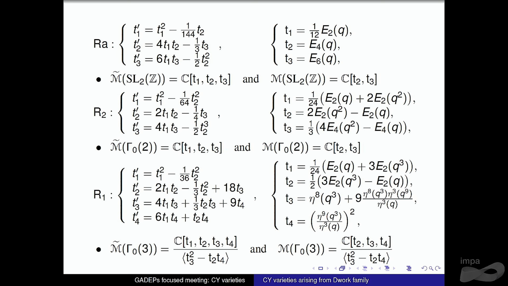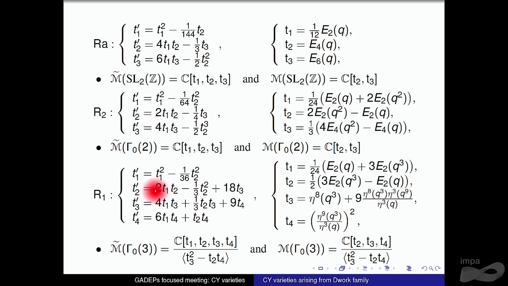And one more thing I call your attention to is the weights. The weight of E2 is 2, E4 is 4, and E6 is 6. And the numbers that you find here, 4 and 6, are the weights of these two. The same thing happens for the rest of the systems. For example, here T2 has weight 2 again, T3 has weight 4, and T4 has weight 6.